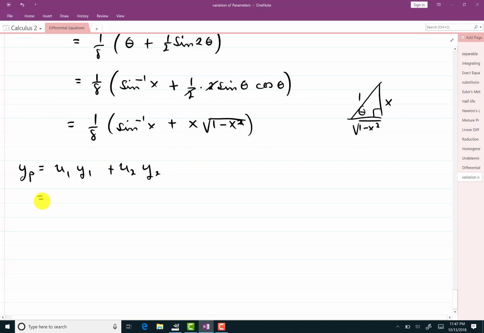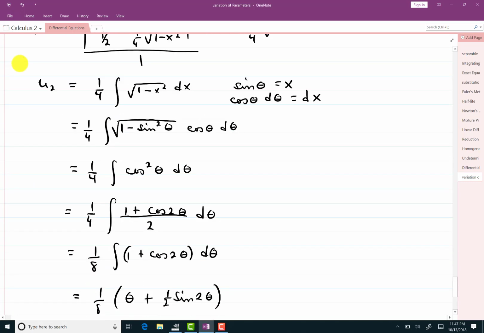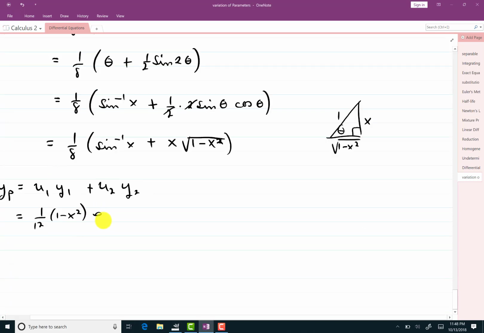So y sub p will be u1 y1 plus u2 y2. That equals, where is my u1 at? See if we can find it. 1/12 times 1 minus x squared to the 3/2, times y1, which is e to the x over 2, plus u2, which is 1/8 arc sine of x plus x square root of 1 minus x squared, all of that times x e to the x over 2.